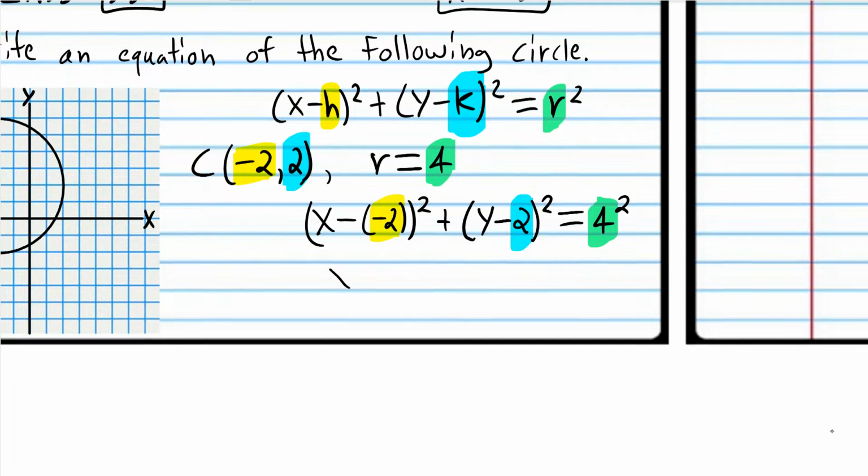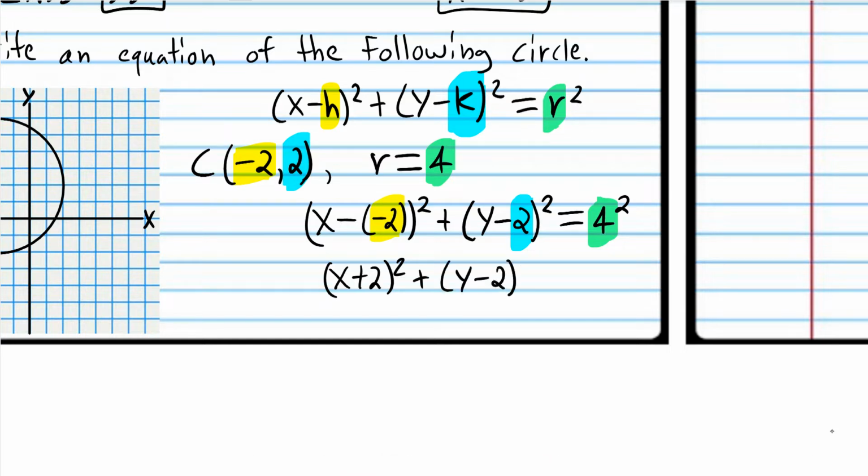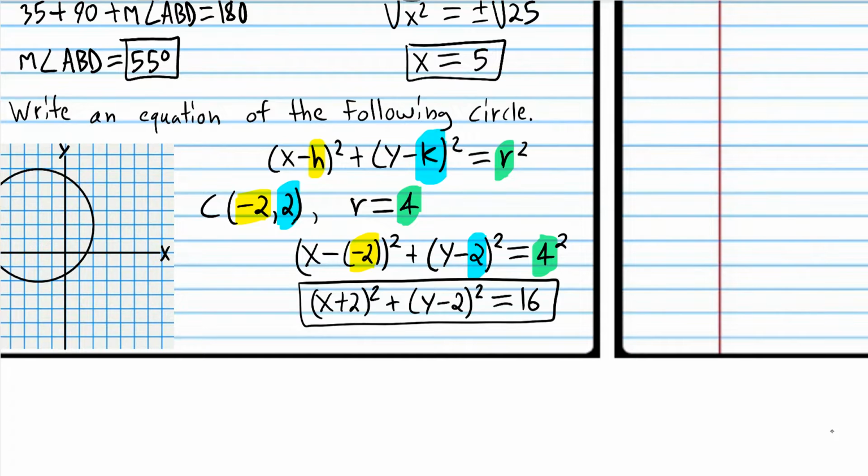Now that's a double negative, so that becomes x plus 2 squared. And there's really not much you can do with the other term. But 4 squared is 16, and that is the equation we're looking for. So if you got that one right, good job.